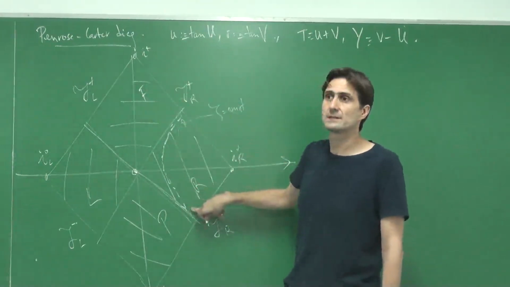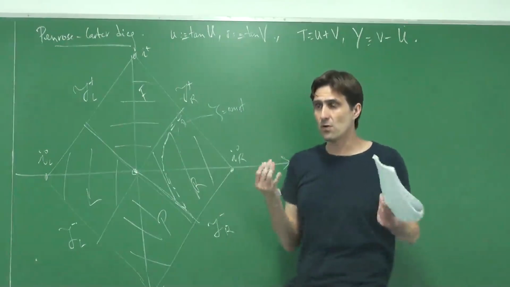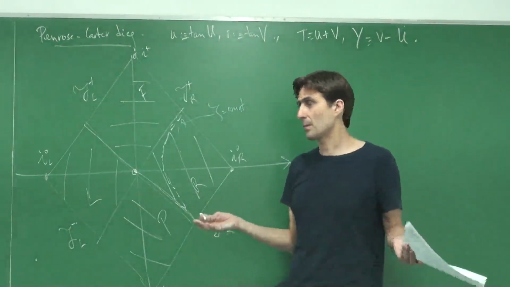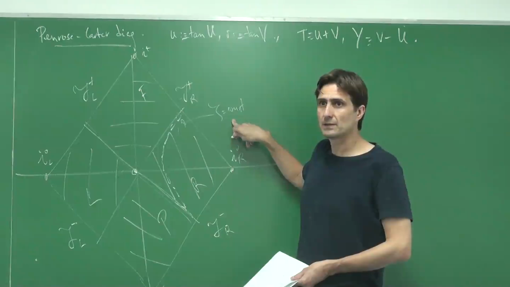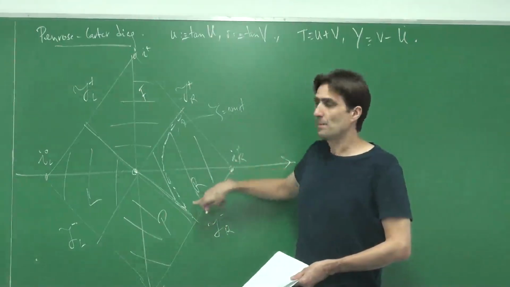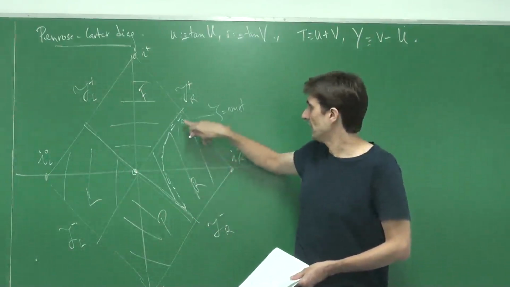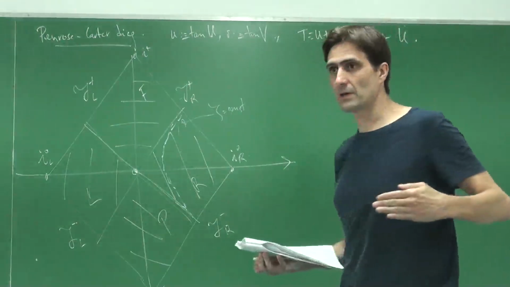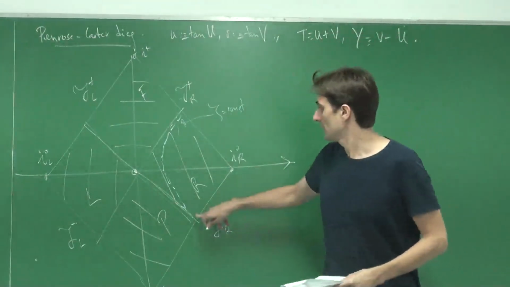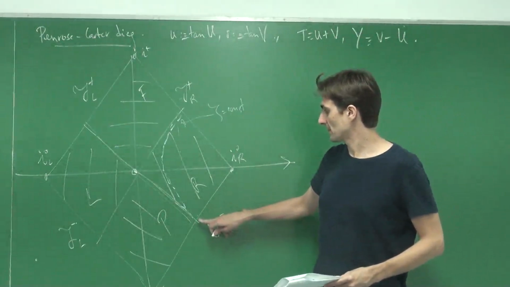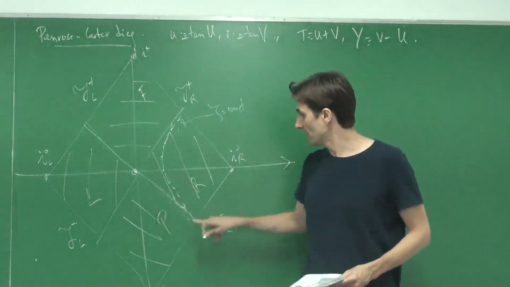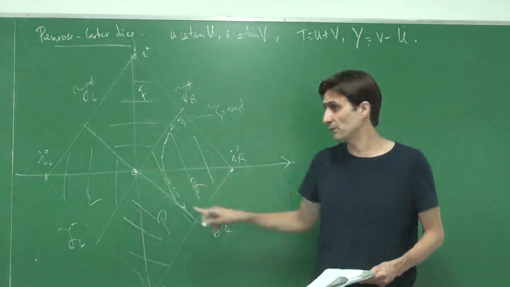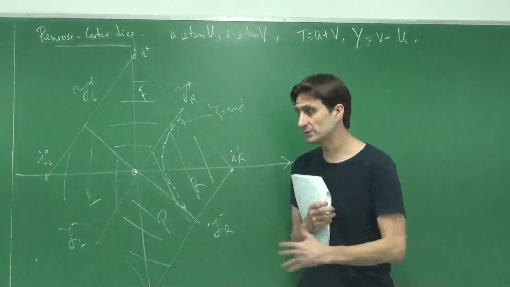This world line here is a time-like world line. It's the world line of a massive observer. So it's a time-like world line, but it's not geodesic. It's accelerated. And it does not end up at I plus. Because it's accelerated, it's initially going with virtually the speed of light towards the left, towards negative y, but the acceleration is towards the right.